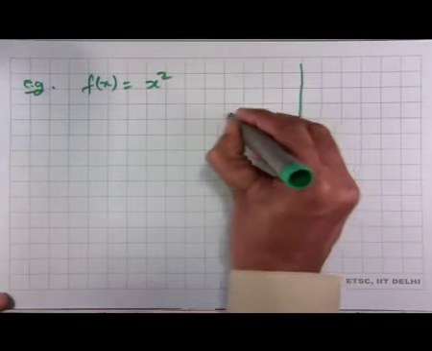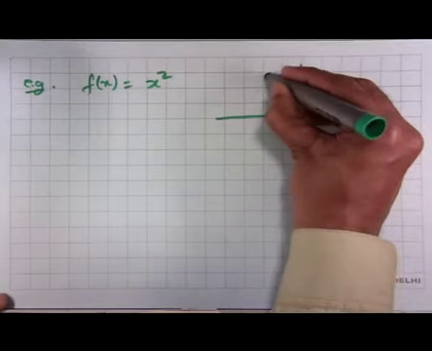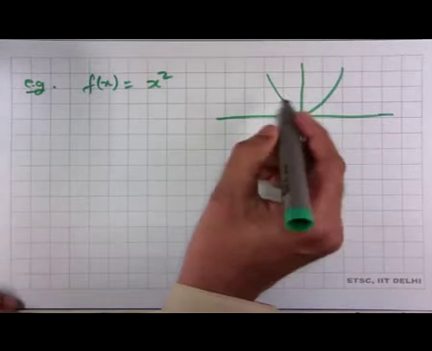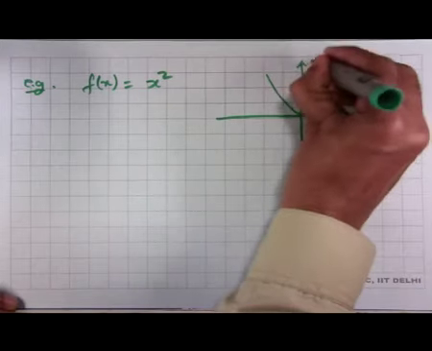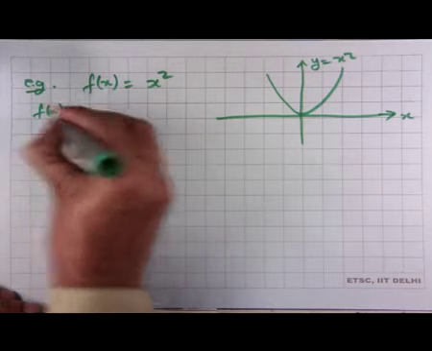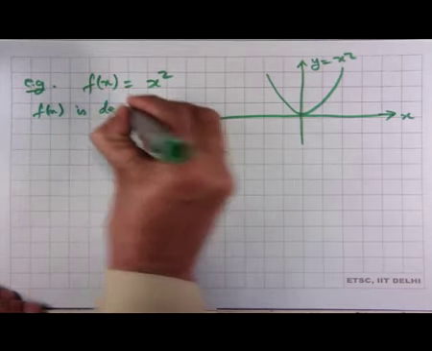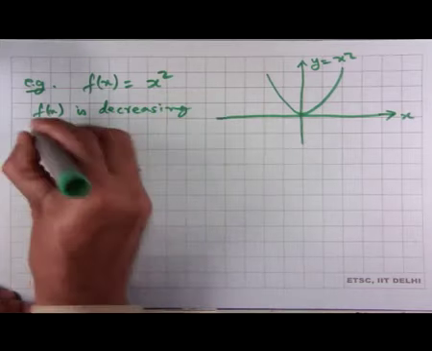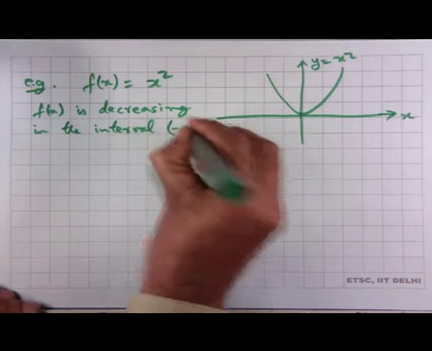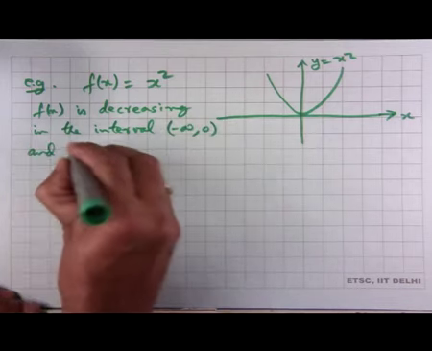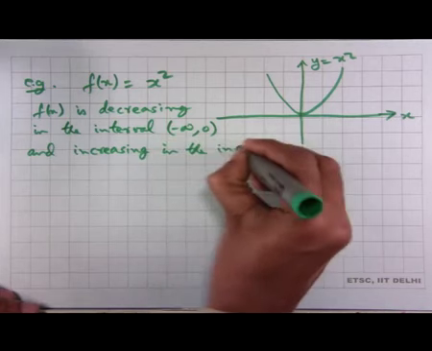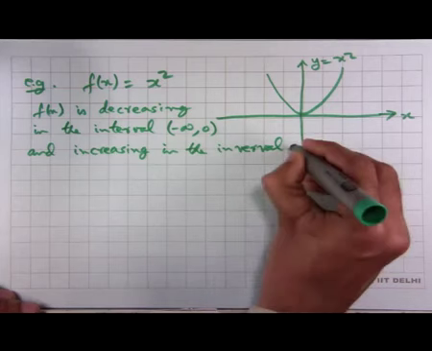If you draw the graph of this function, we get this parabola y equal to x square, and we can easily see that f x is decreasing in the interval minus infinity to 0 and increasing in the interval zero to infinity.